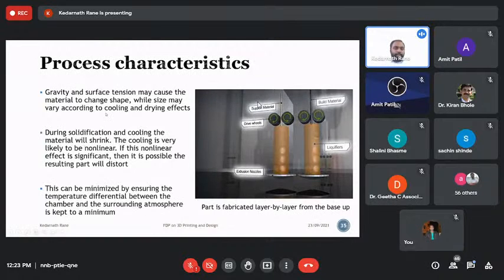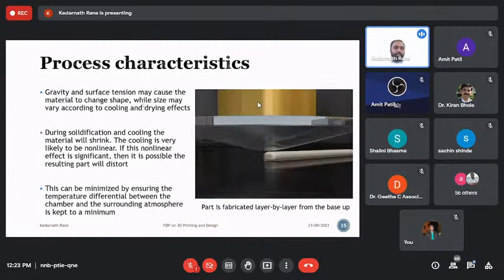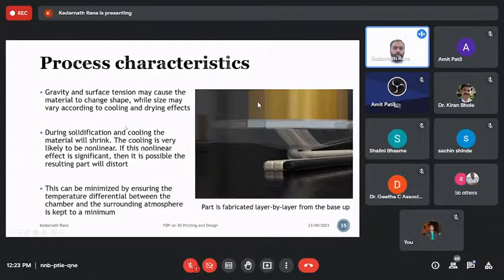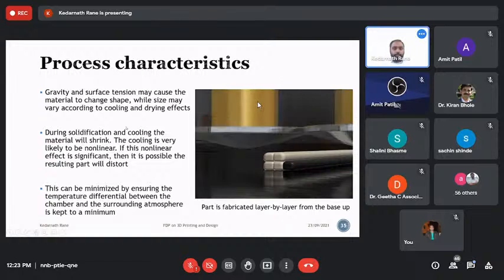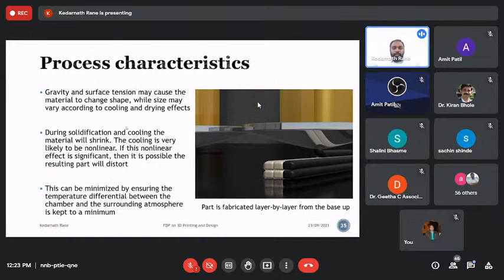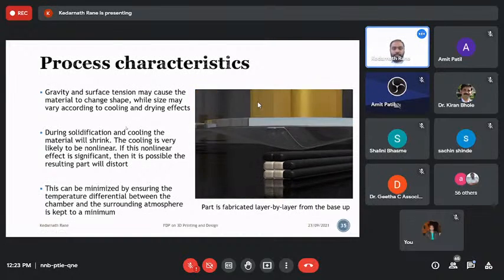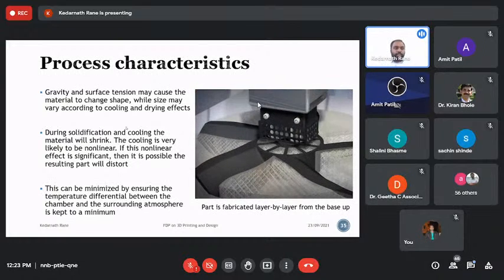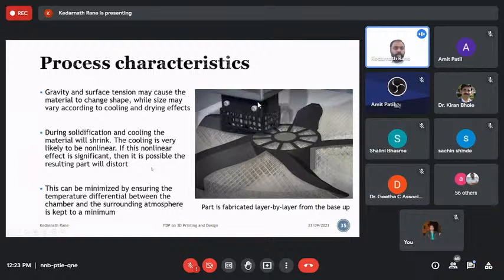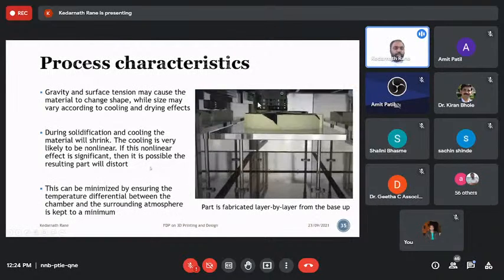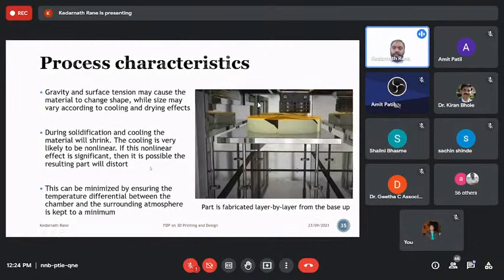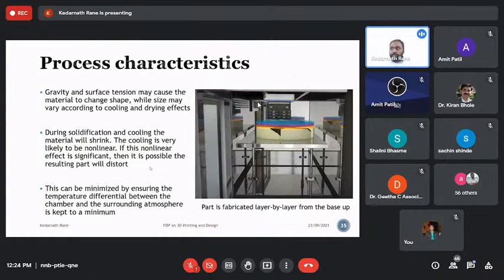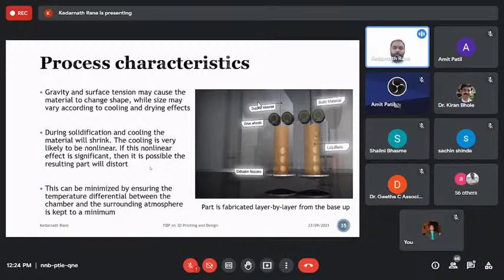Some other aspects, like gravity and surface tension, are important when you consider the cooling and drying process. The part should not distort or get damaged because of gravity and surface tension loading. Solidification and cooling will have their own impact, because the binder constituents, which are in polymer form, undergo a phase change.